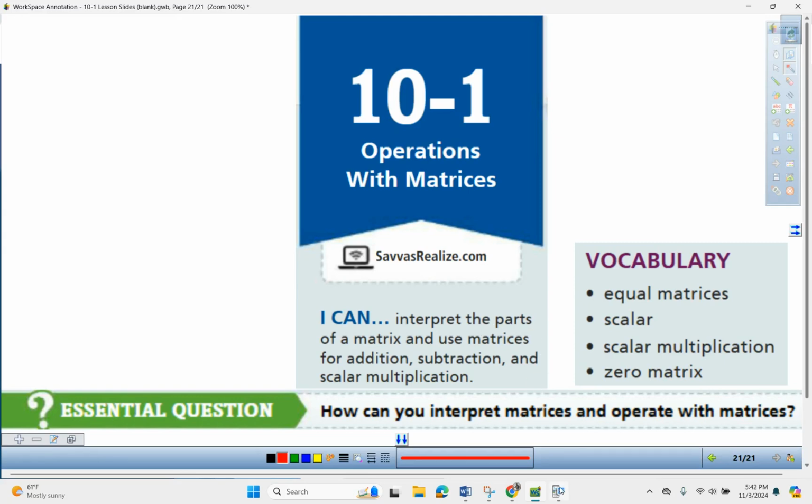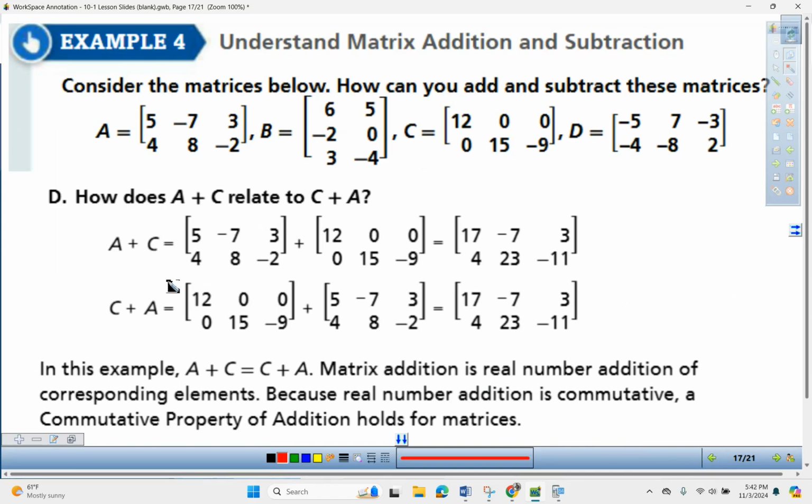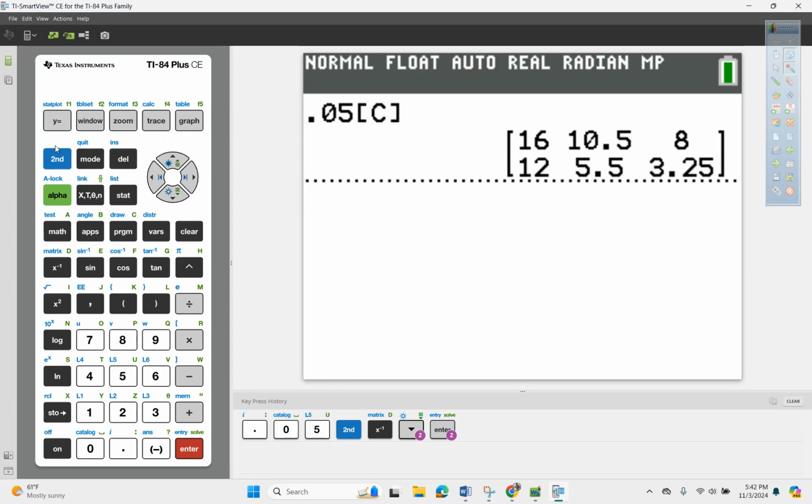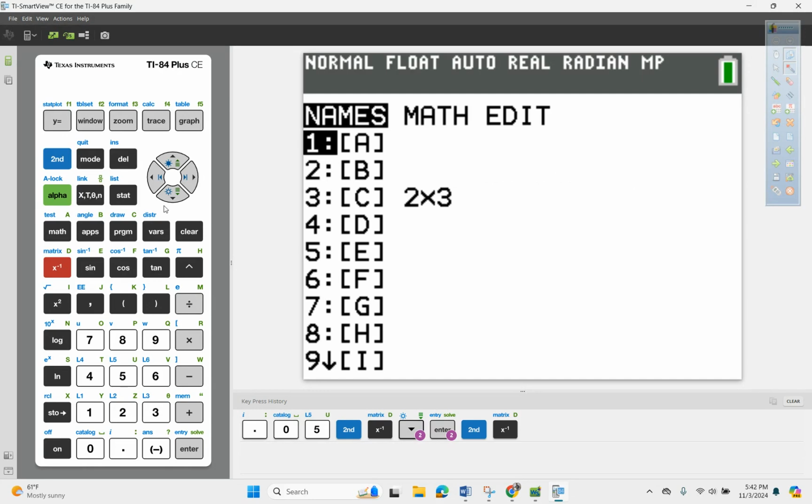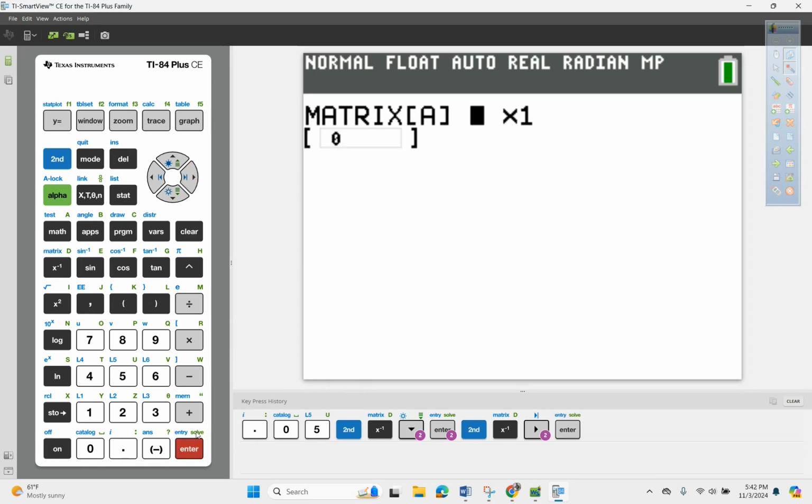And I almost forgot. So let's back up just a bit and let's take A and this guy right here. Let's put A and C in our calculator. So I'm going to come back up here, second matrix. I'm going to come over to edit because that's how you type stuff in. And then what size is this going to be? We're going to say A is 2 by 3.